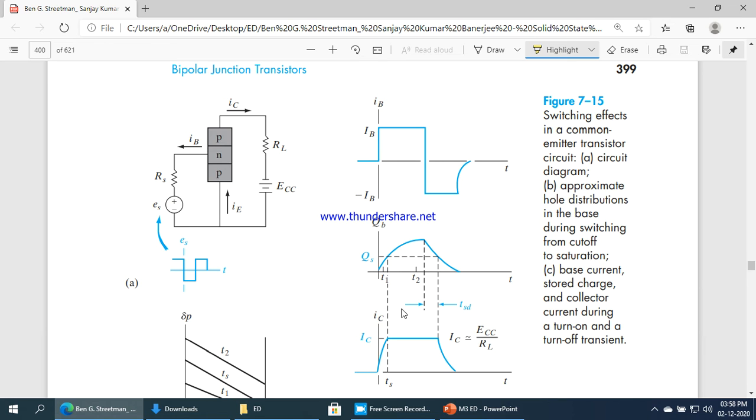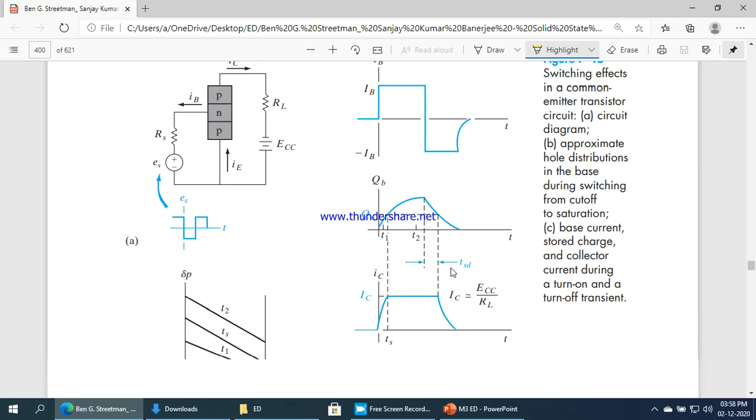As there are PN as well as NP diodes, the transition from cutoff region to the saturation region and from saturation to the cutoff region takes some time. As you can see here, this is the circuit diagram that we considered for a PNP transistor, this one is the approximate circuit diagram, and the other is the waveform.